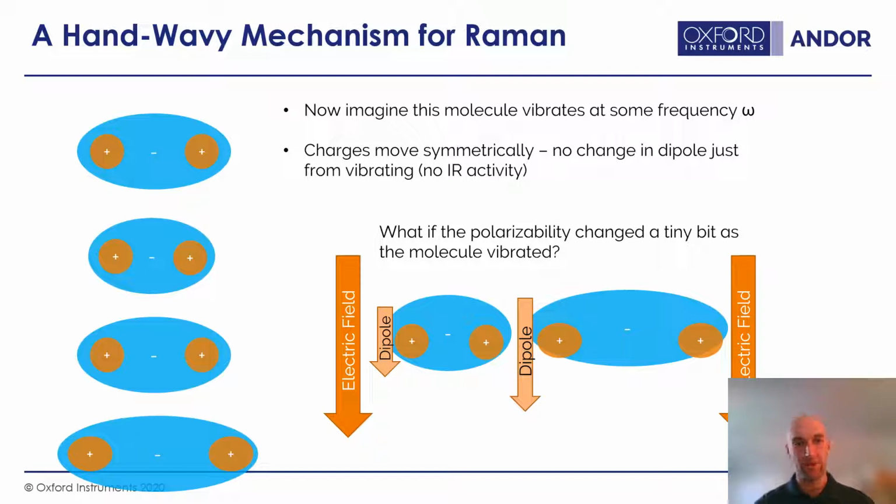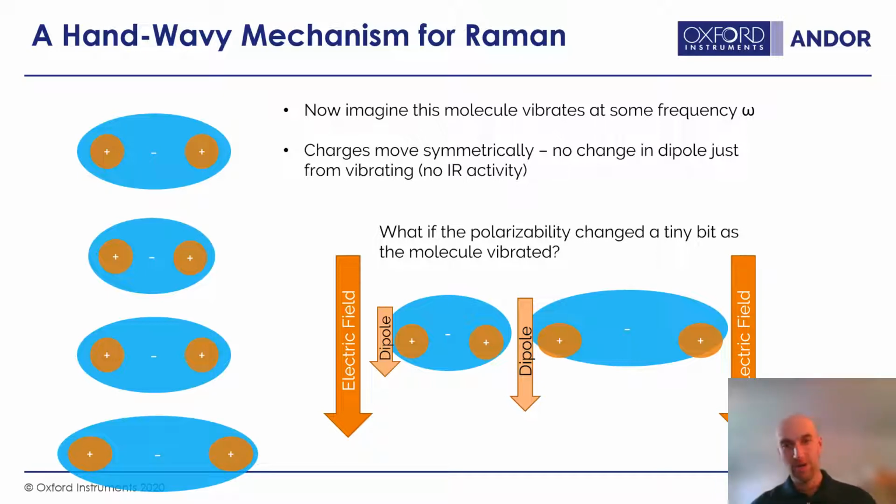As this thing bounces back and forth, the center of mass of charge stays the same, stays neutral. There's no net movement of charge. If I were to draw a line through here, there's always an equal amount of charge on one side and the other, in the direction of the bond axis. So it moves symmetrically.